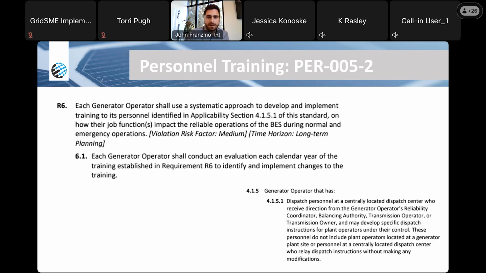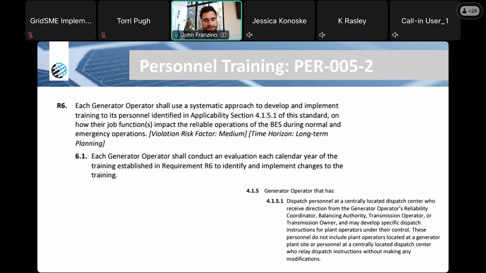All right, we already touched on one training aspect that's embedded in COM2 for three-part communication, but then there are two separate personnel standards, PR5 and PR6, that require training for GOPs. So PR5 is applicable in this 4.15 section.